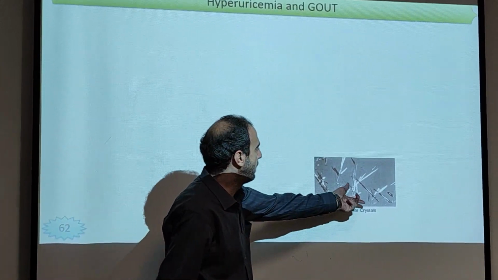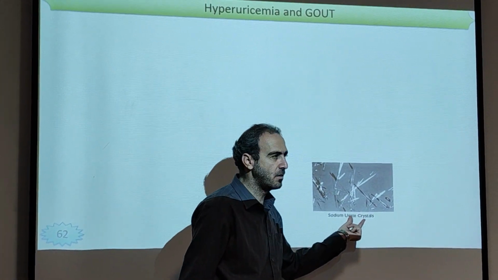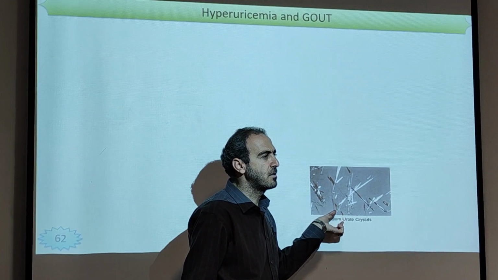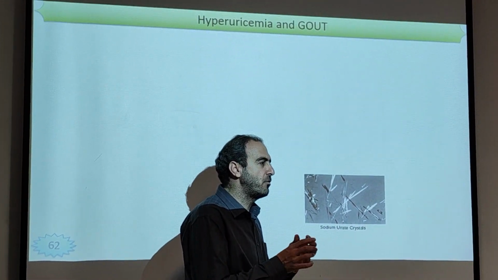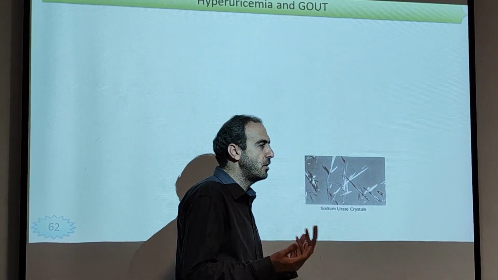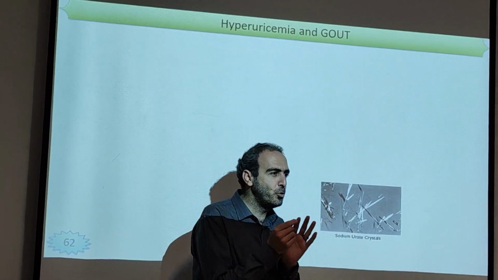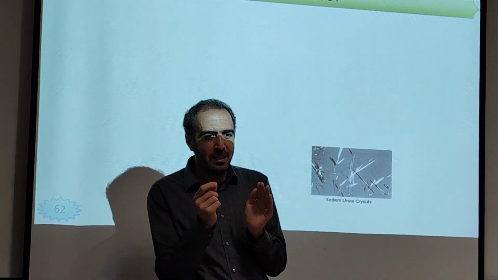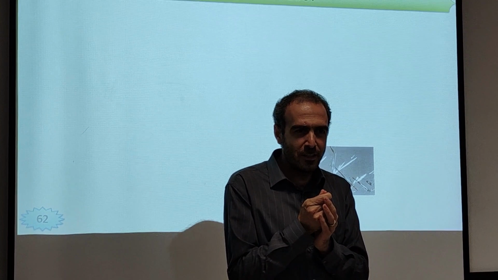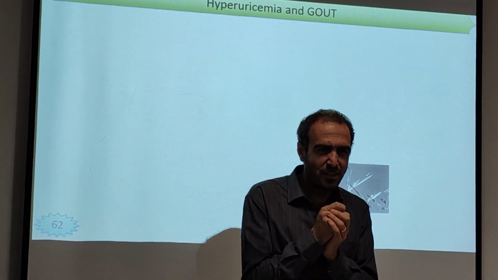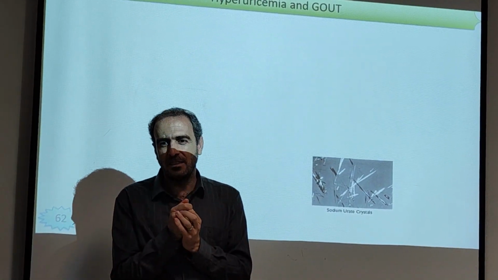They are like needles. This is sodium urate crystal. And these needles accumulate in the fingers, in soft tissue, in the kidney, and others. And when you feel a needle is in your finger, you just want to mutilate it.